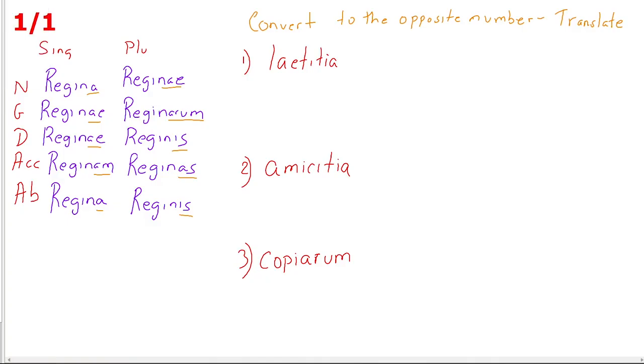So first and foremost, let's guess the number. Is it singular or is it plural? We know it is singular. Why? Because in the plural there is nothing ending with a. Now our focus is on the singular. In the singular, in which cases does the noun end with a?